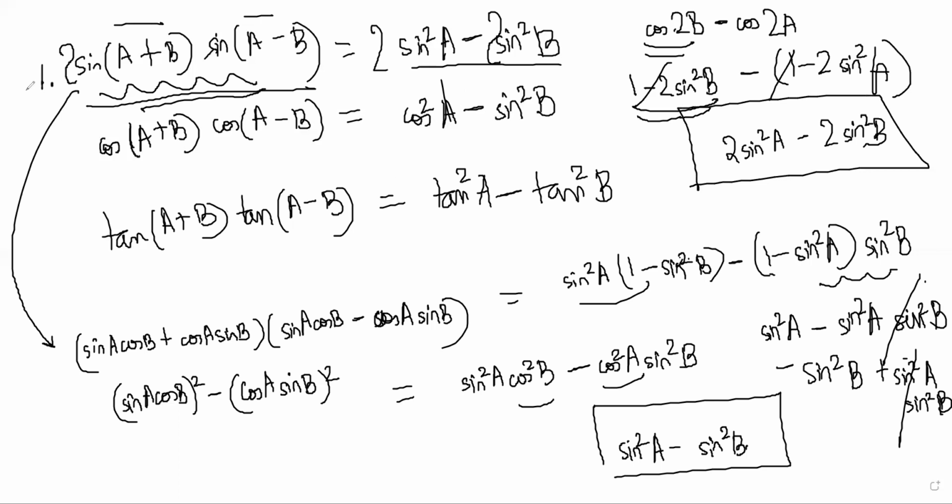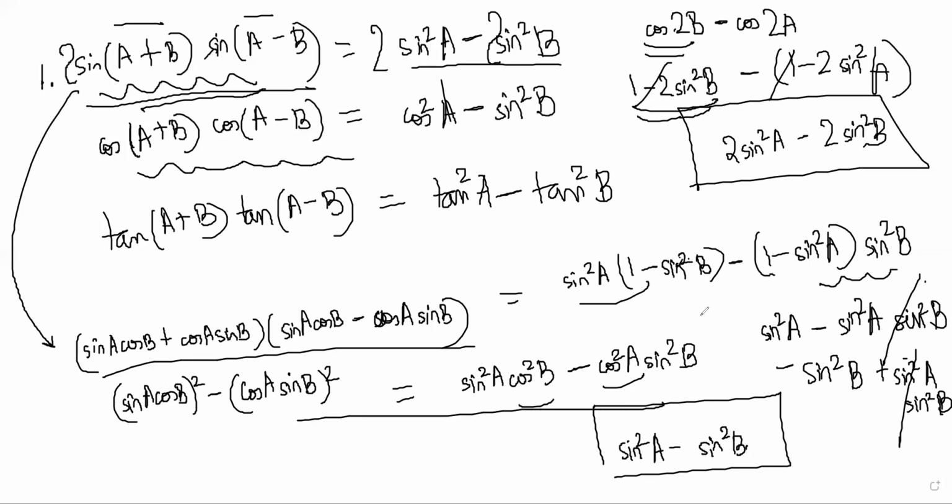Yes, sir. If you do the same method here also, it will work. Don't expand it because this is taking more effort. Just put 2 times here, right? Yes, sir. You can do it. 2 cos A cos B would be cos of 2A plus cos of 2B, right? No, what will this be? Cos of 2A plus cos of 2B it will be.